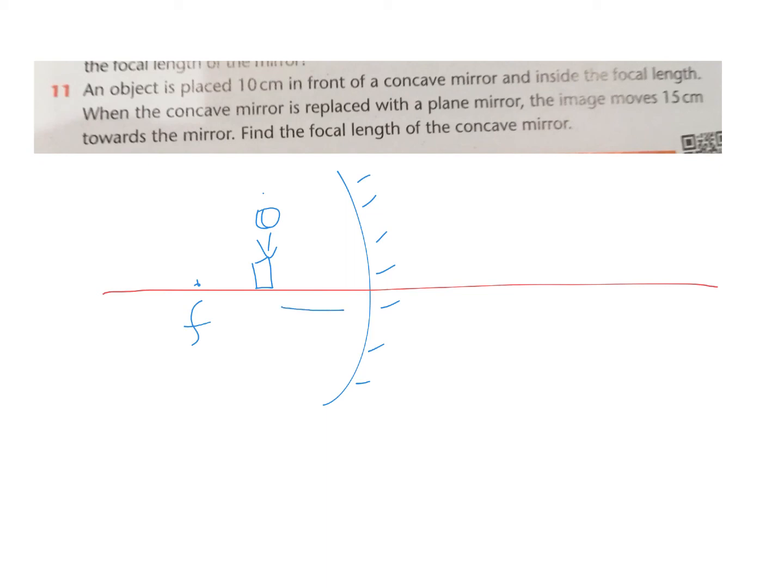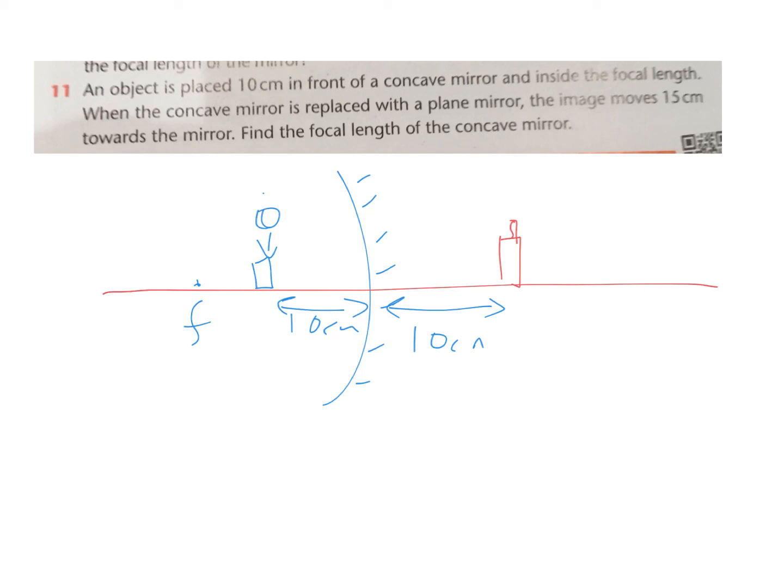If this is 10 centimeters, there's another detail we have. If the mirror was a plane mirror, then the reflection would be right here. That's where the image would be if it was a flat plane mirror that just went straight down like this.